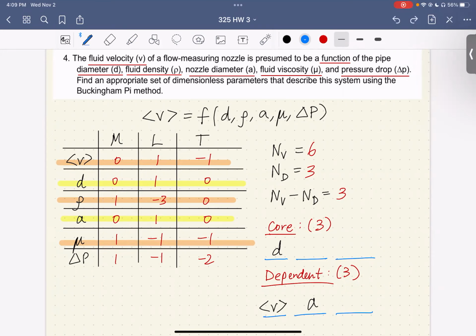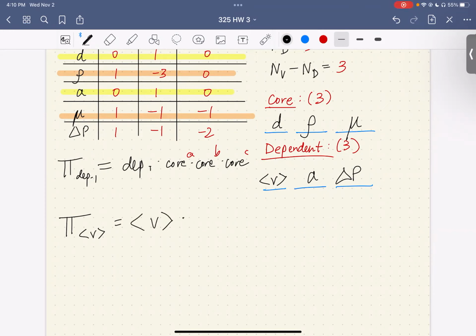So we have pi, I'm going to write V equals V times our core variables, I'll use a different color, D, rho, and mu.